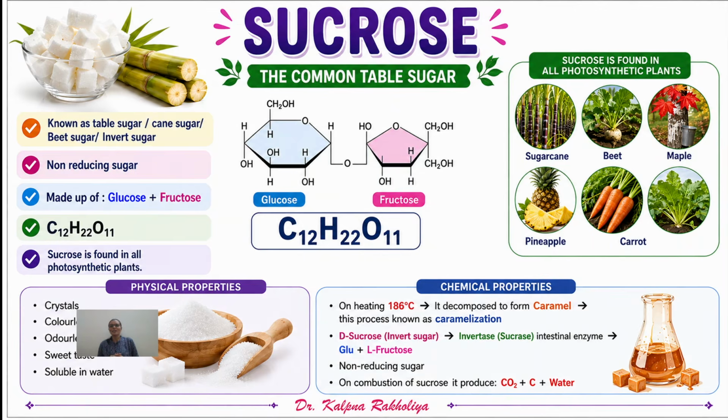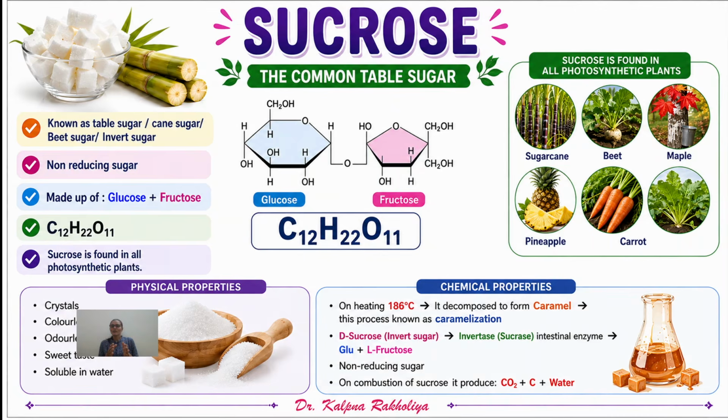When we discuss the chemical properties, when we heat sucrose beyond 186 degrees Celsius, it decomposes and is converted into caramel, which is brown in color. This process is known as caramelization, and it is used nowadays in toppings on chocolate or cake, right?